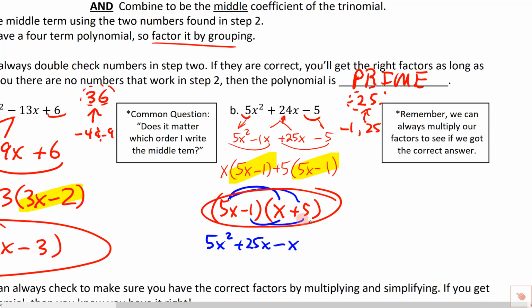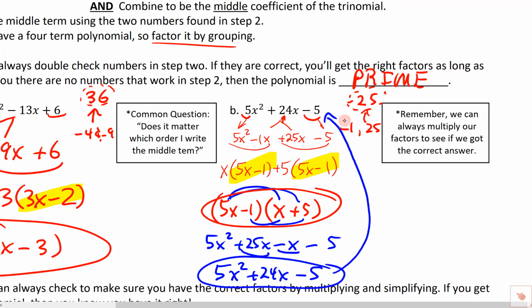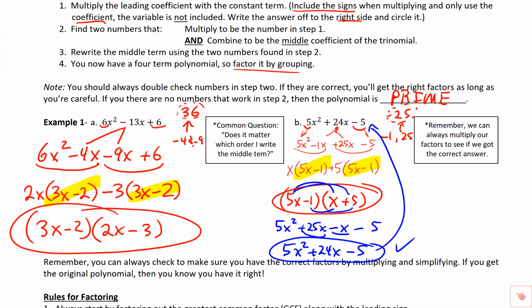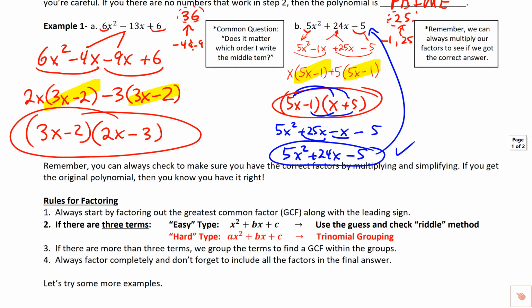And the negative 1 times 5, that's negative 5. Those two are like terms, and let's see, we get 5x squared, we get plus 24x, and then we get minus 5. So that right there is the original problem, so we know we got this right. This checks out. Okay, so I'm going to go back to full size here, and we multiply those together. We know we've got it right, so we're in good shape there.